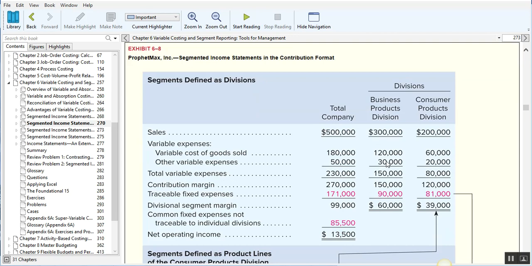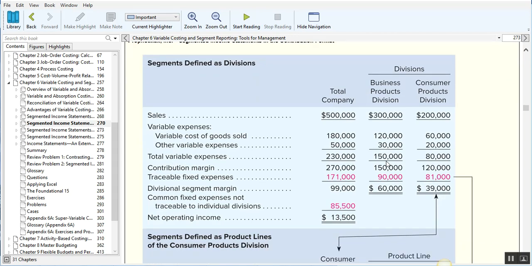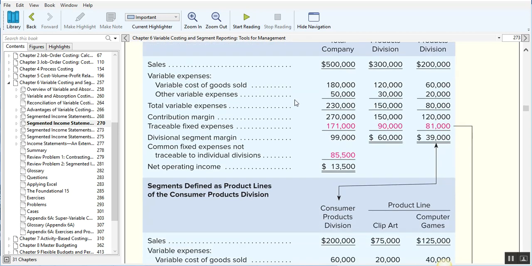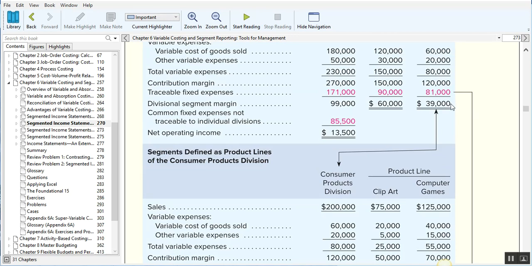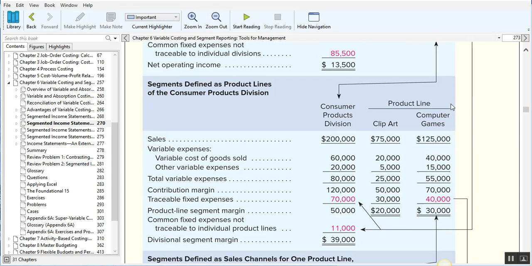So we start with segments defined as divisions. So we have two divisions in the company, business products and consumer products. We show the net income for each and then the total company net income. And so then we take this net income from consumer products and break it down between the two product lines, clip art and computer games, and we show that difference here.